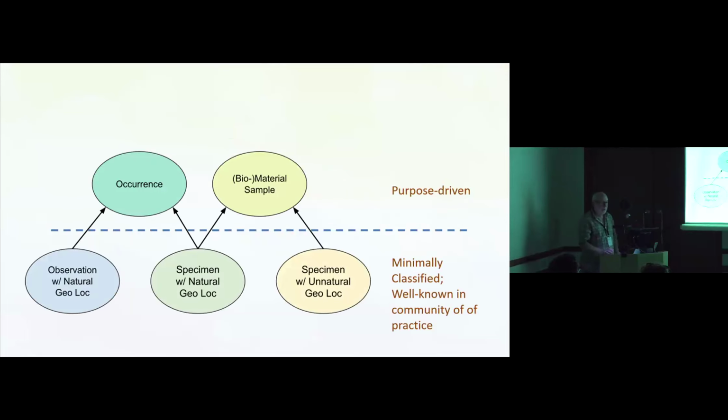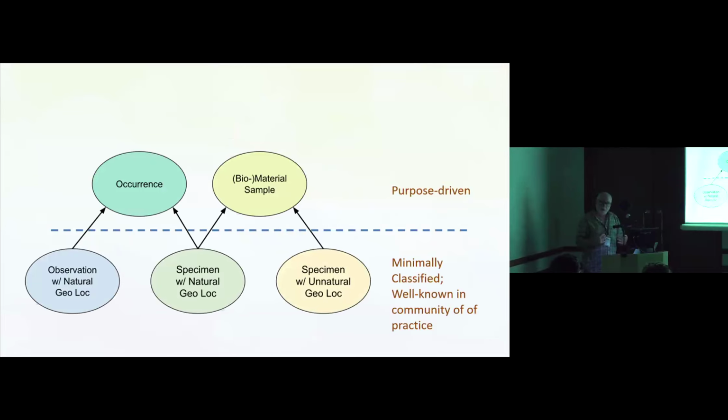And so my little takeaway for this session is that I think our highest level classifications, and how you present data to an end user who's taking from an aggregator, is very purpose driven. What is their purpose? What are they trying to do with their data?